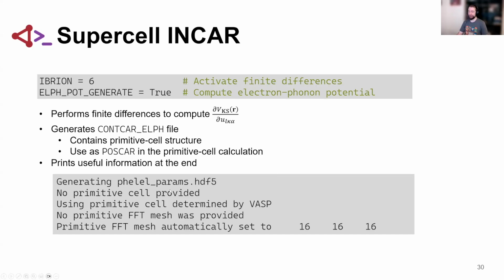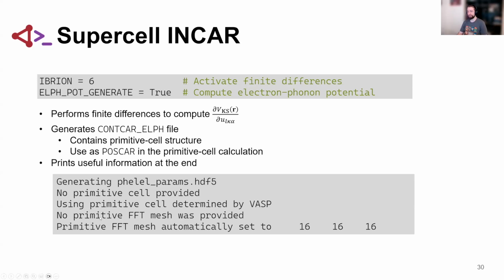And in addition, it writes out useful information. So it tells you it generates the ELPOT_PARAMS HDF5 that you have to copy over to your unit cell calculation. It tells you if no primitive cell was provided by the user. So there is a tag where you can specify explicitly, oh, I want to use this particular primitive cell. Then it would tell you. Otherwise, it just uses the one that VASP finds by symmetry, which is quite nice.